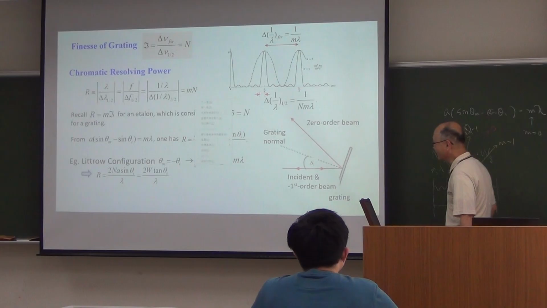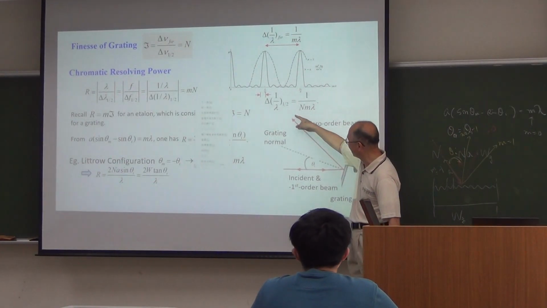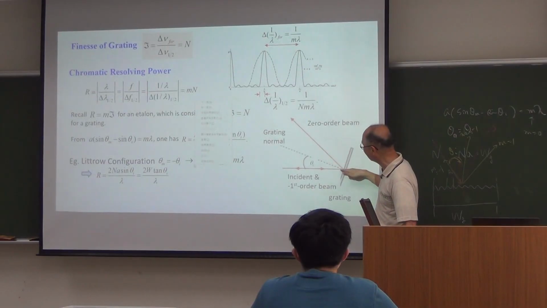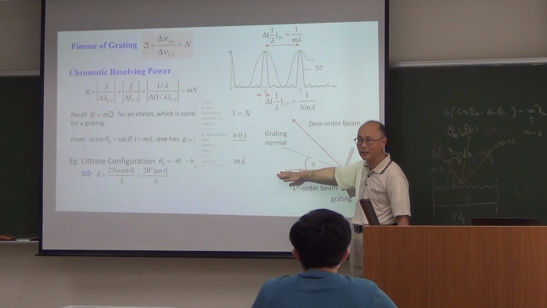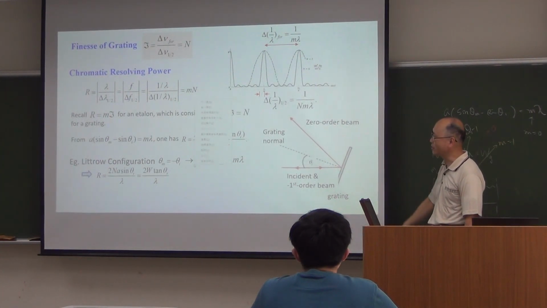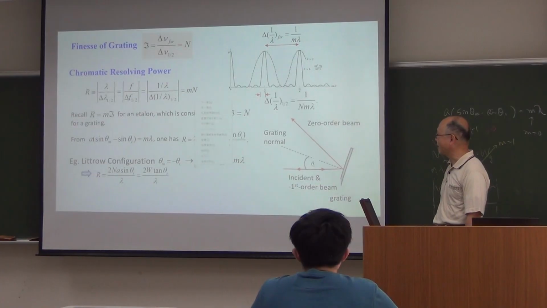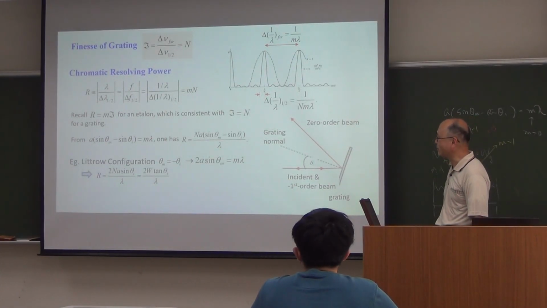Okay. So think about that. You have one light coming this direction, zero order beam coming like this, and minus 1 order just traces the incoming direction in the opposite direction, and we call this Littrow configuration. And this configuration is very easy to construct and very easy to measure.